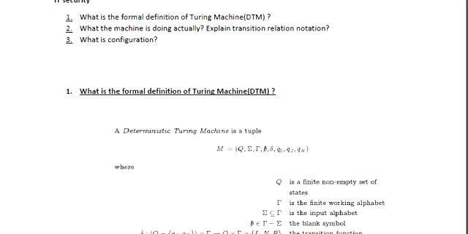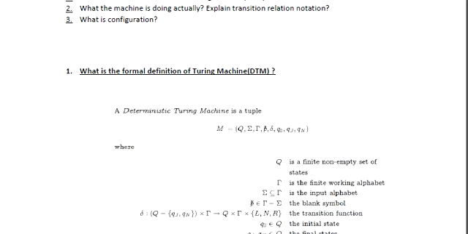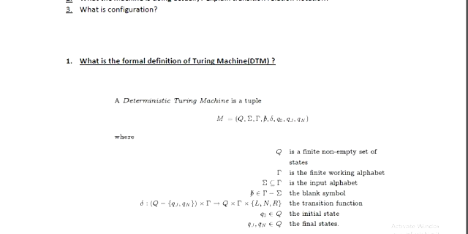We have sigma, which belongs to gamma, the input alphabet, and we have this blank symbol B, which means that no input symbol was ever written in that cell, and that is indicated by this blank symbol. In most cases in a Turing machine, the leftmost cell is defined as the blank symbol.